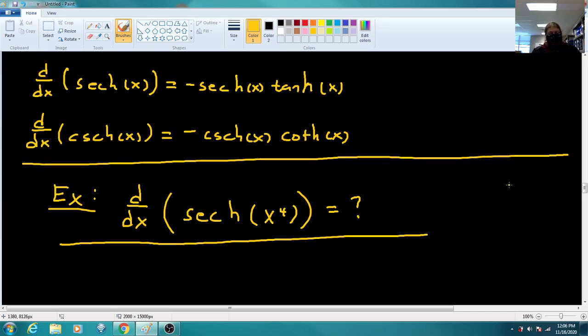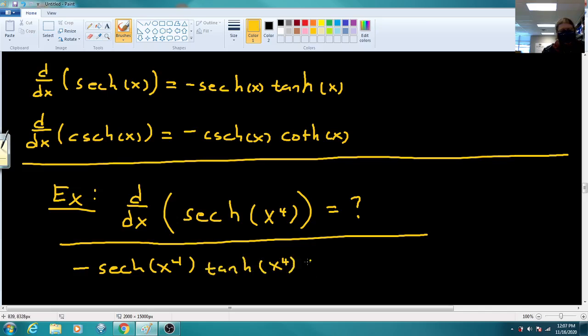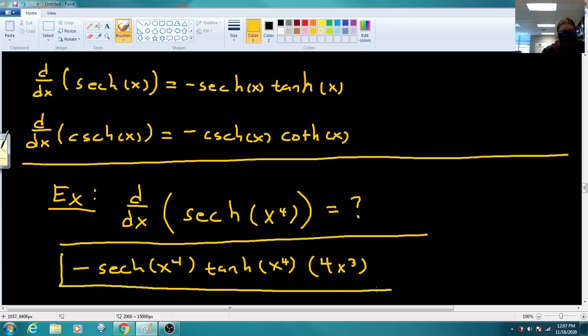X to the fourth is the inner function. So we'll take the derivative of hyperbolic secant by this equation, but instead of x's, we'll have x to the fourths. And then we got to multiply it by the derivative of x to the fourth, which is 4x cubed.